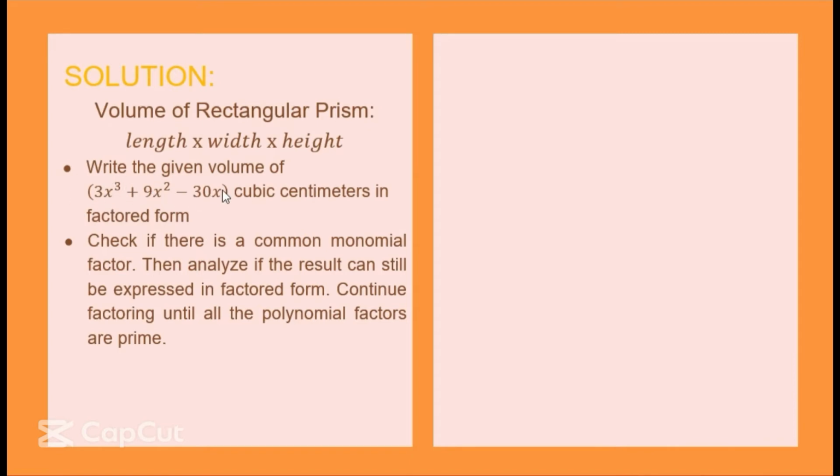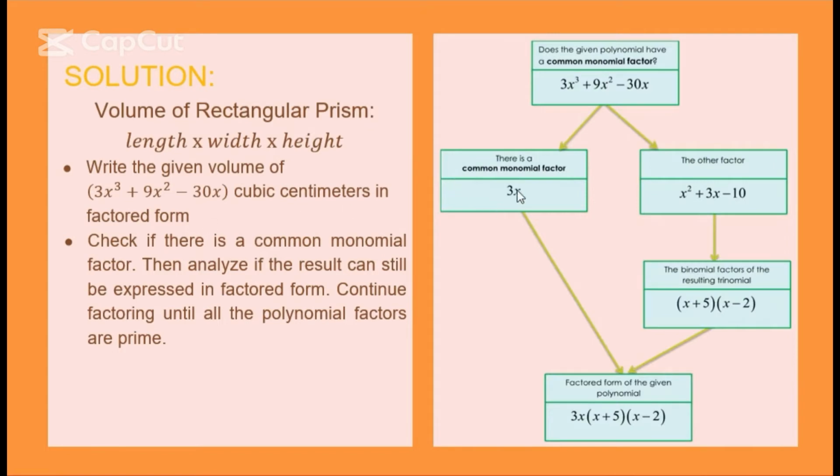Again, kapag may variable na pare-pareho, kukuhanin natin yung variable na may pinakamababang exponent. We have 1 dito. Okay? So we have our common monomial factor, which is 3x.